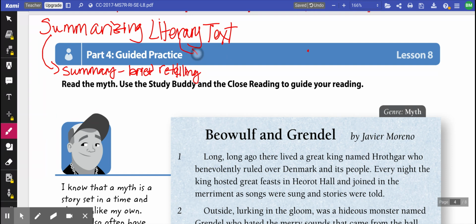And that literary text part that we keep coming back to deals with fiction, drama, poetry, folklore, and narrative nonfiction, like biographies and autobiographies and memoirs.